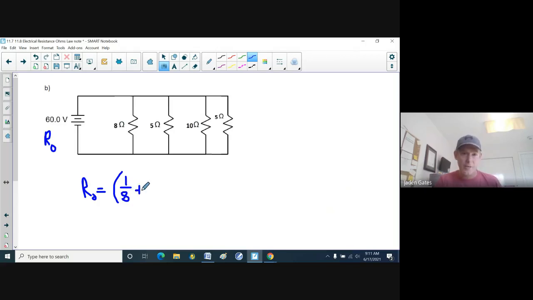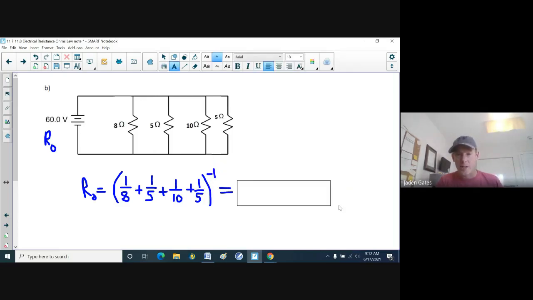Plus, the next one's a 5, so 1 divided by 5. Plus, the next one, we got a 10, so 1 divided by 10. And of course, the next one here, we have 1 divided by 5. And I can't forget to take it to the power of -1 afterwards.